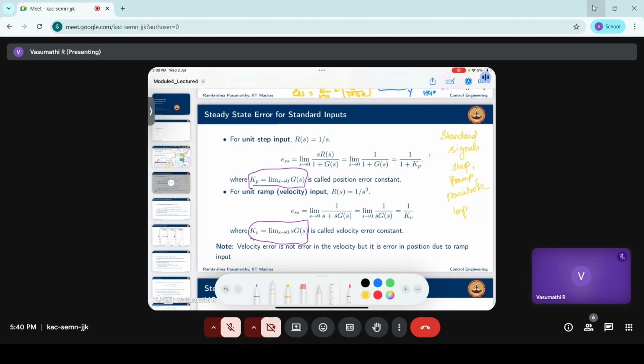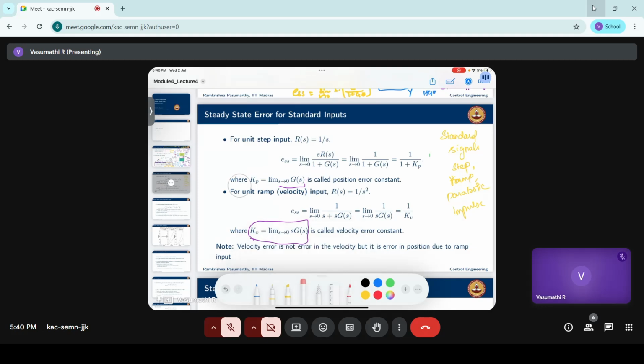Why we leave the impulse signal is that we are looking at infinite time, and an impulse input exists only at a particular instant of time, so we don't bother about it. We calculate the steady state error for all other inputs, which are practically available for any system as test signals. We can also use the same for sinusoidal or other kinds of input signals. These are standard signals you often encounter.